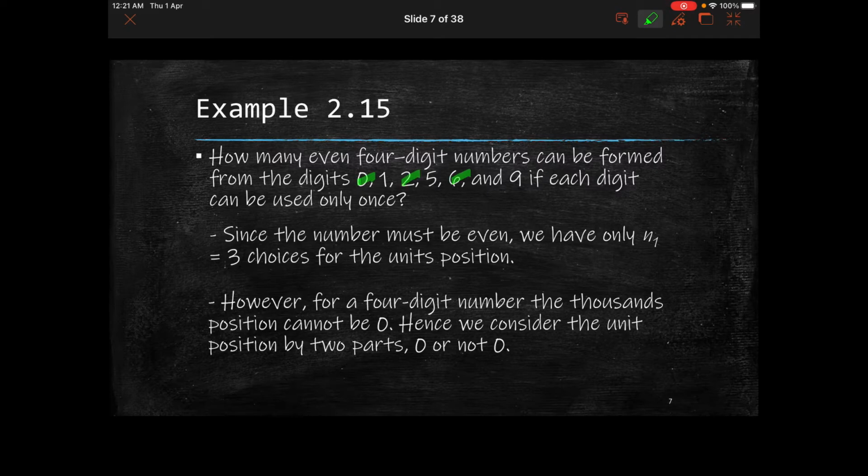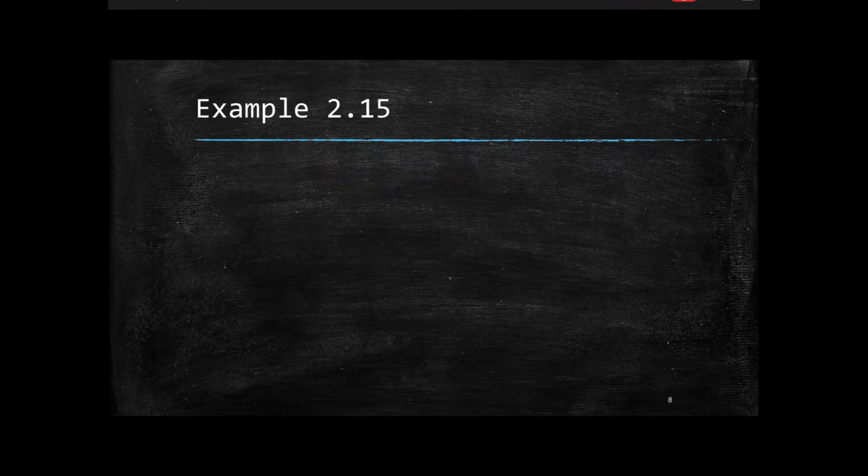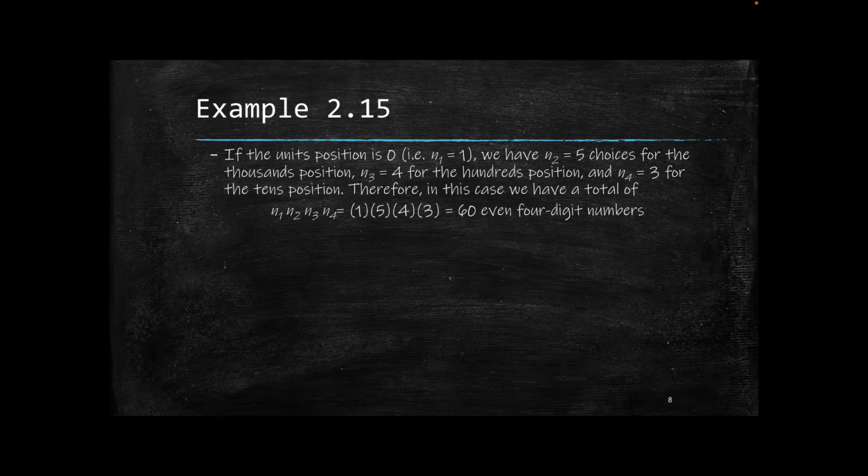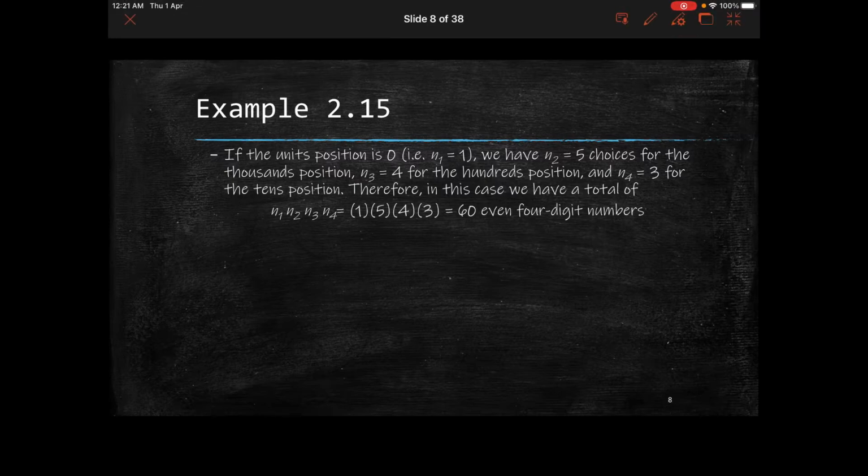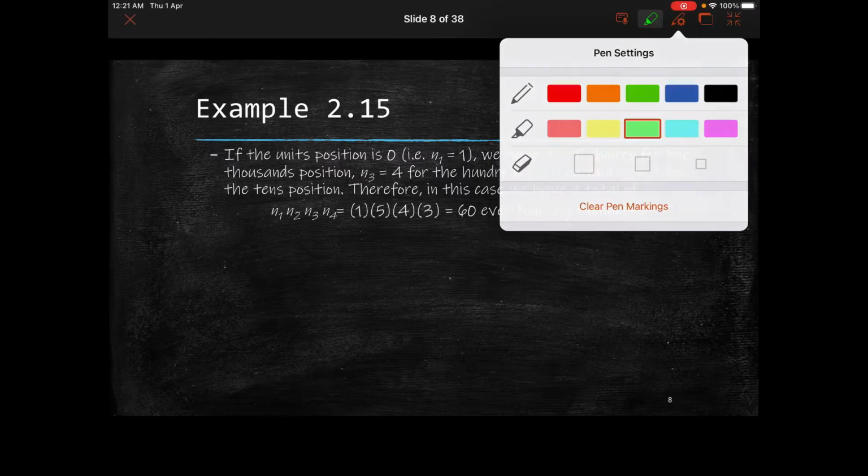However, for a 4-digit number, the thousand position cannot be 0. Hence, we consider the unit position in two parts, 0 or not 0. If the unit position is 0, n1 equals 1.